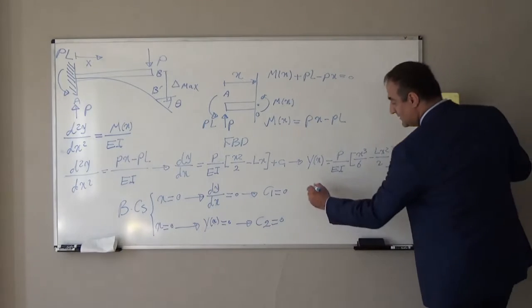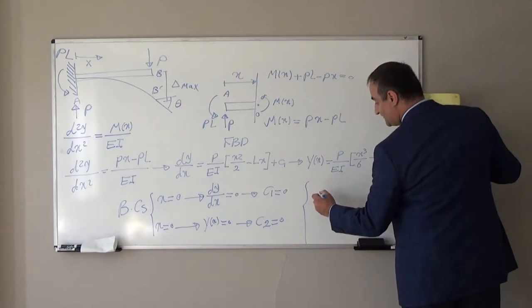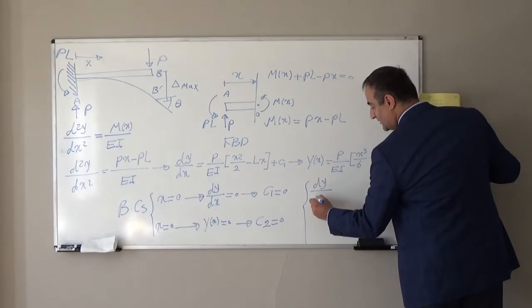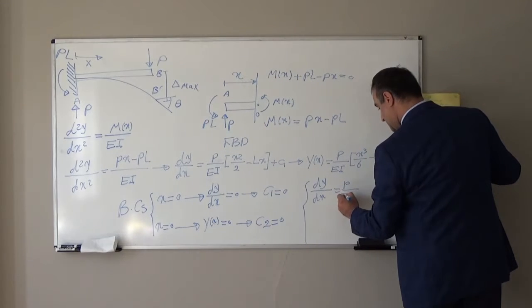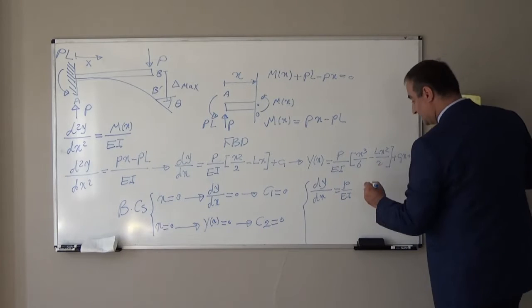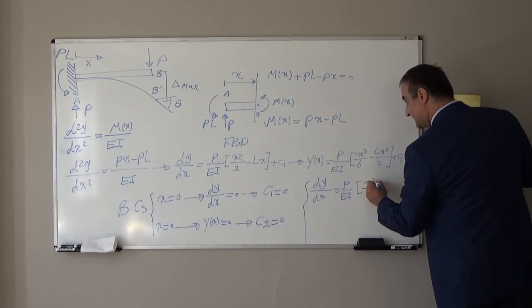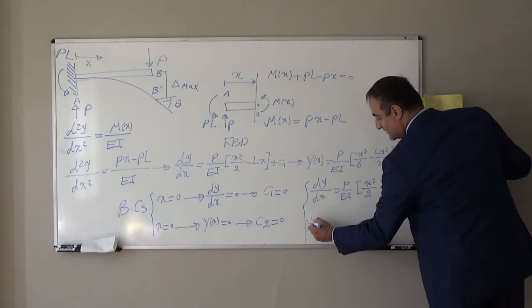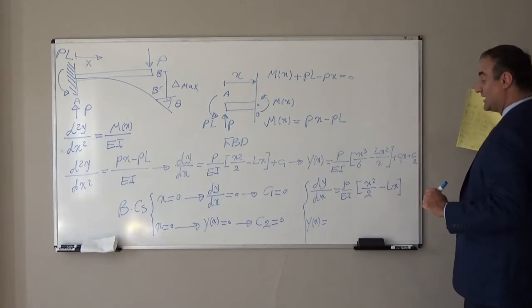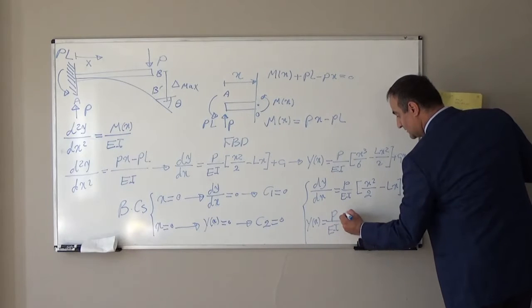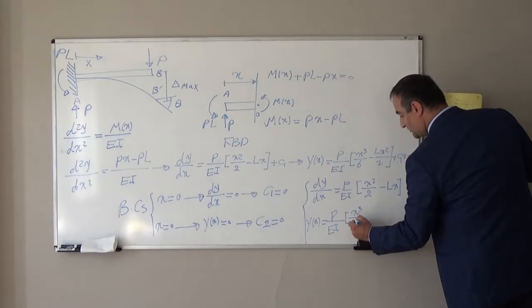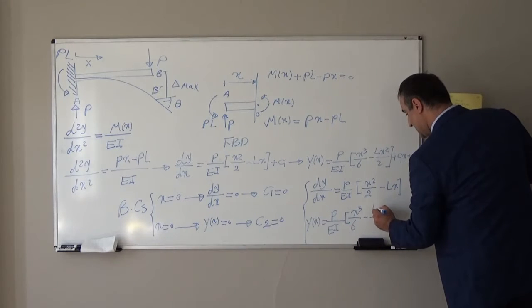So finally, I can summarize here: the slope equation dy over dx will be equal to P over EI times x squared over 2 minus Lx, and the beam deformation equation will be equal to P over EI times x cubed over 6 minus Lx squared over 2.